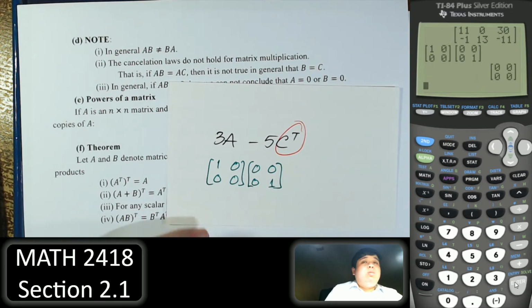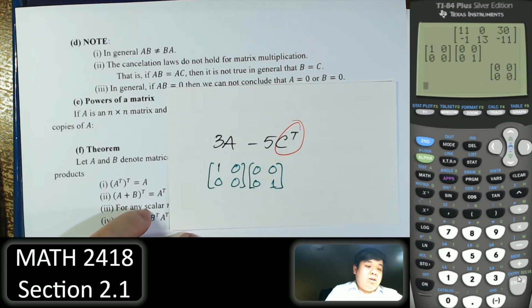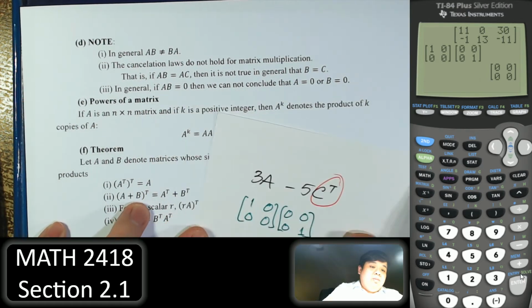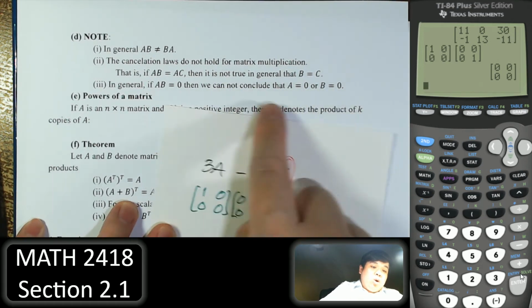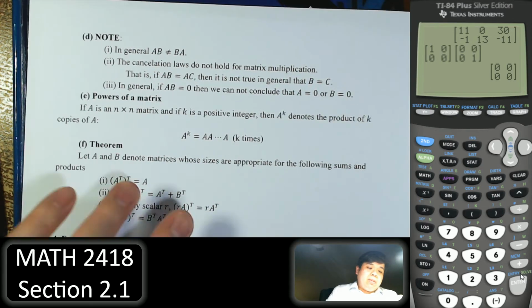Right, so the product is equal to 0, but none of them is a 0 matrix. So in general, the product equal to 0 doesn't mean one has to conclude that one of them has to be 0. This is a counterexample.